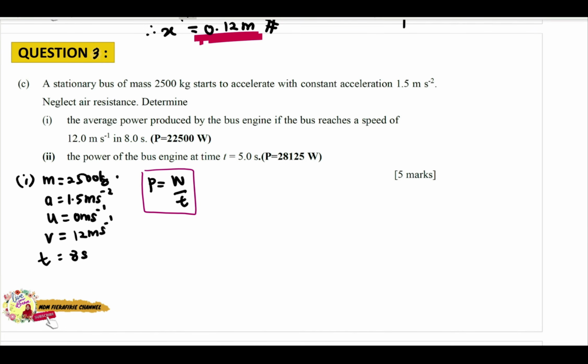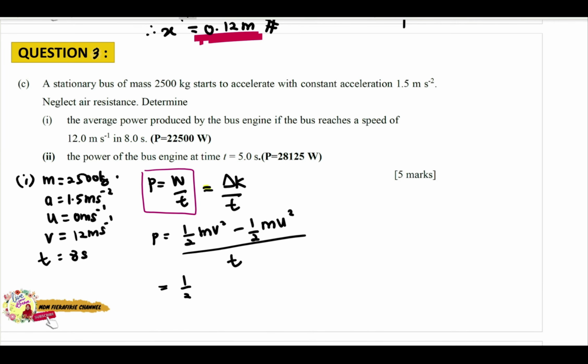Okay, W. So you can see here we have a change of velocity daripada 0 kepada V. So when we have the change of velocity means that there is a change of kinetic energy. So we can use the work energy theorem W equal to delta K over T. So kita boleh terus tukar delta K lah. Iaitu K final half mv squared minus K initial half mu squared over T.